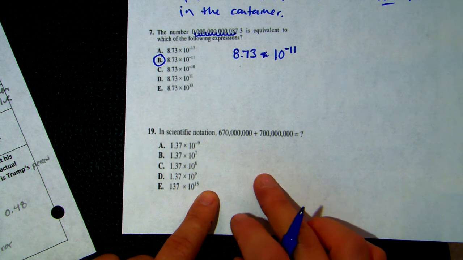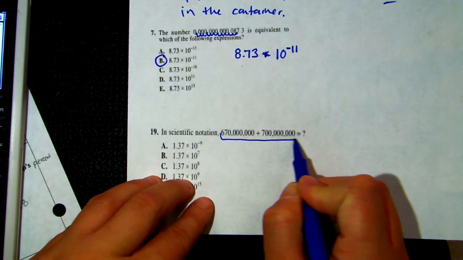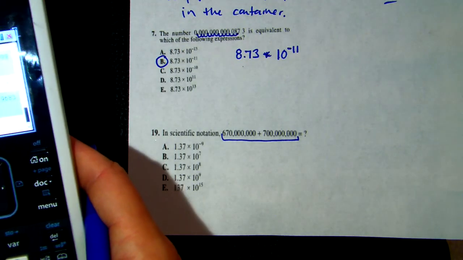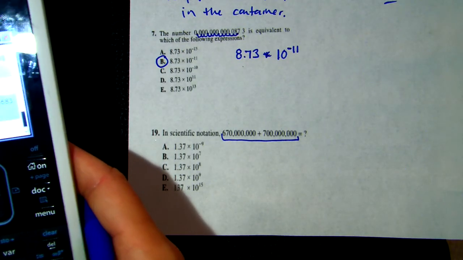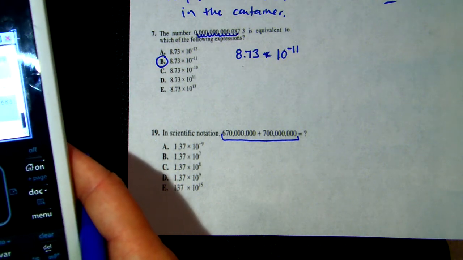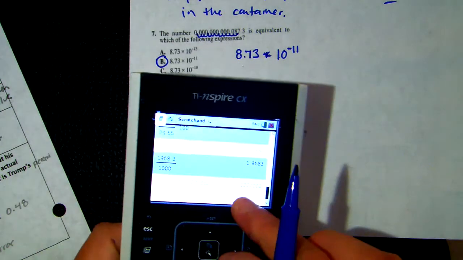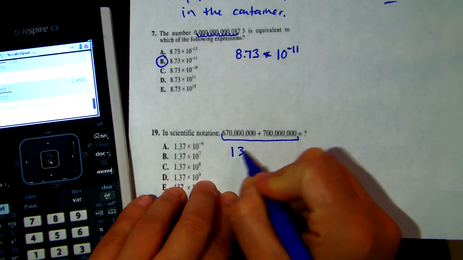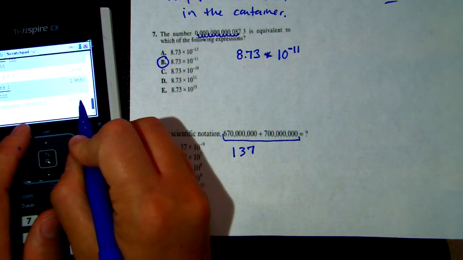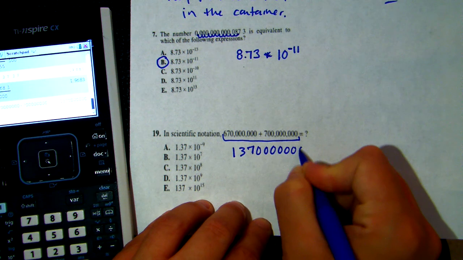On this one, I'm just going to plug this into my calculator exactly as it's shown. And that gives me this big number here, 137 with 1, 2, 3, 4, 5, 6, 7 zeros.